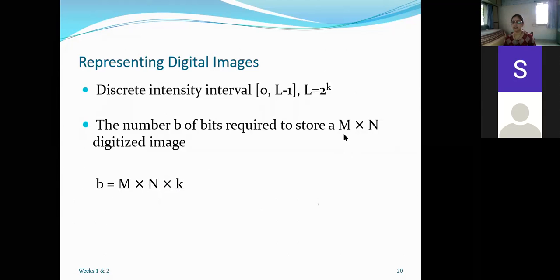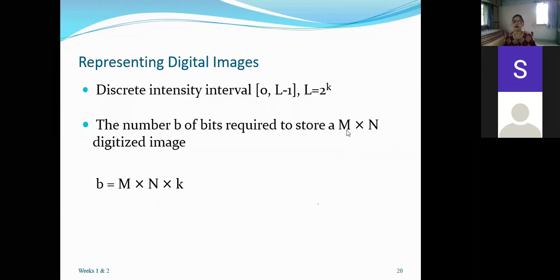So if your image size is m by n, the total number of pixels is m into n. And if you are using k bits to represent each pixel, m into n into k bits are required to represent your image.